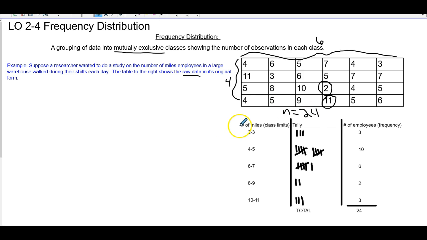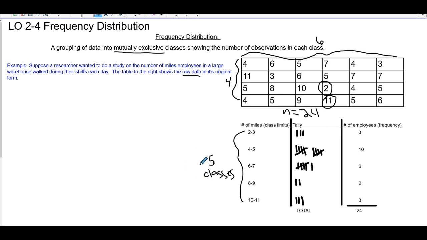Now if we look over here, this is the actual frequency distribution. So this over here is the number of miles. It's our class limits, and you can see we have 1, 2, 3, 4, 5 classes. Something that's interesting about finding our classes is we could have a different number of classes.